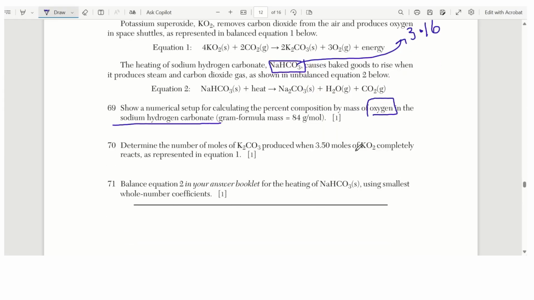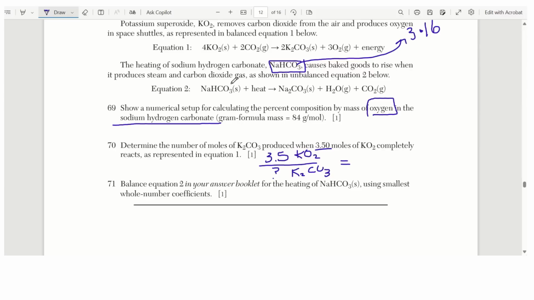And number 70, determine the number of moles of K2CO3 produced when 3.5 moles of KO2 completely reacts as represented in the equation. Okay, so I have 3.5 moles of KO2, and I want to know how many moles of K2CO3. So I'm going to find the equation.